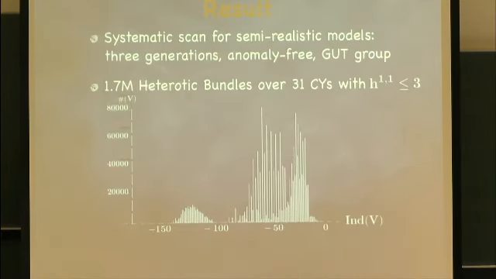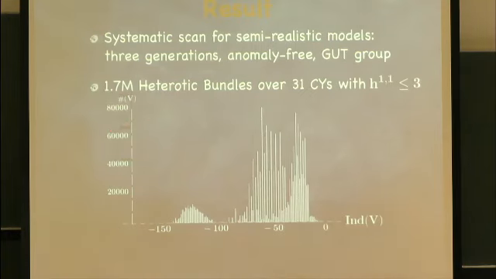So here is the result. We have undertaken a systematic scan for semi-realistic models, where semi-realistic means three generations, anomaly freeness, and GUT group nature. We have constructed about 1.7 million heterotic bundles over 31 Calabi-Yau three-folds. And here are the statistics of the bundle indices.